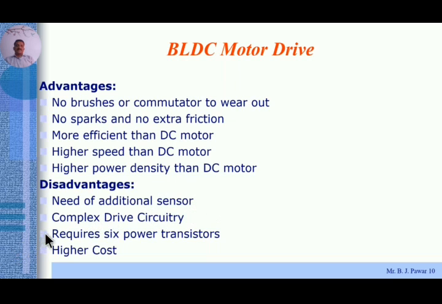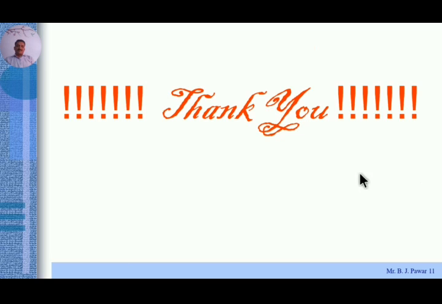Then the driver circuitry is somewhat complex. We already saw it requires a total of 6 power transistors with ratings as per the selected motor, and that's why its cost is also somewhat more as compared to our conventional one, right? So thank you.